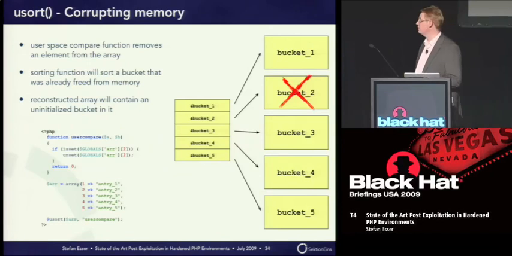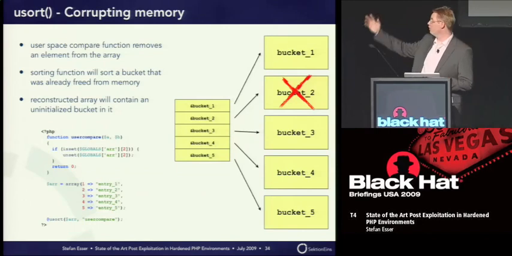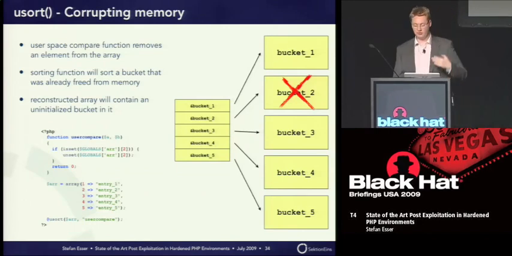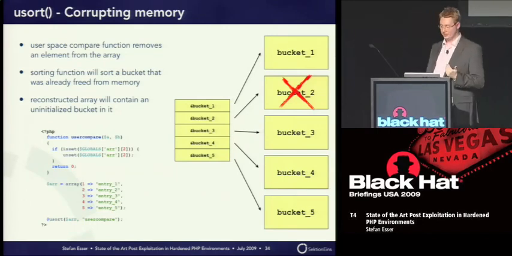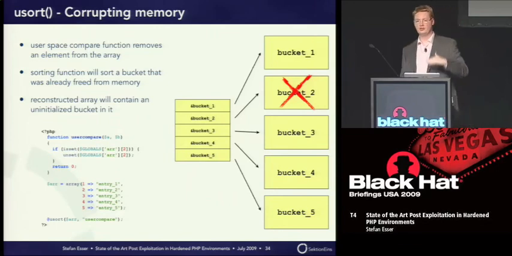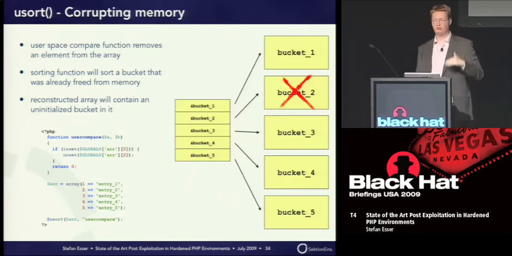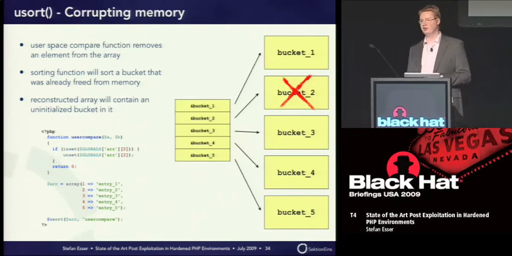Like it just removes an element from the array during the sorting process. So you see our sorting function works on the copies of the pointers, and because the second bucket was removed from the original array, you suddenly sort a bunch of pointers, and one of the pointers is pointing into non-allocated memory.